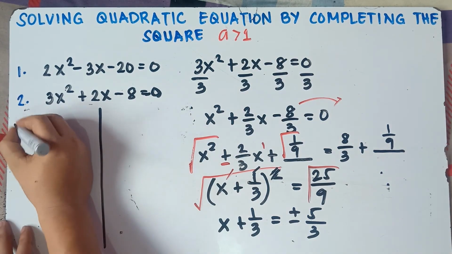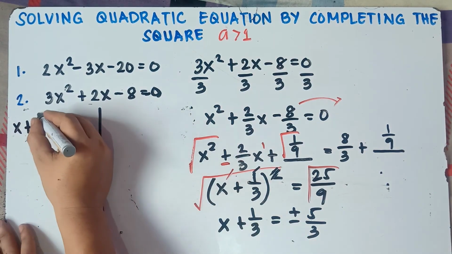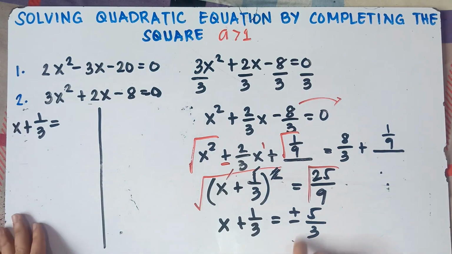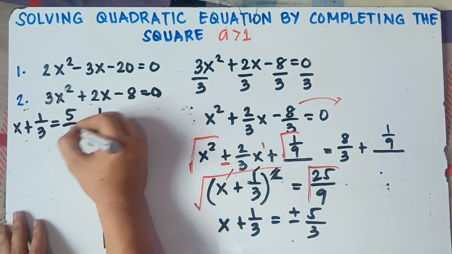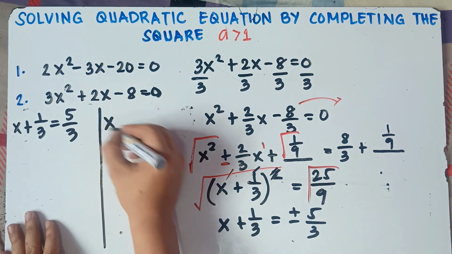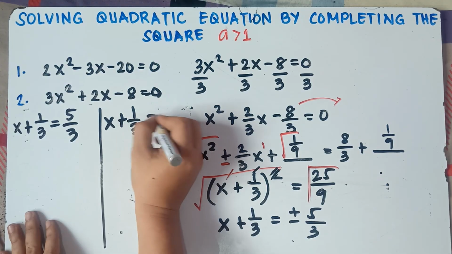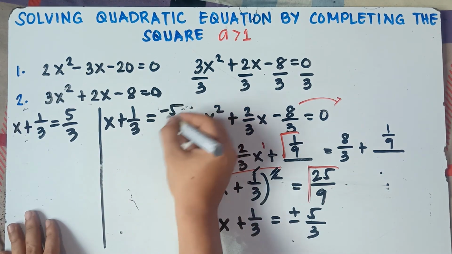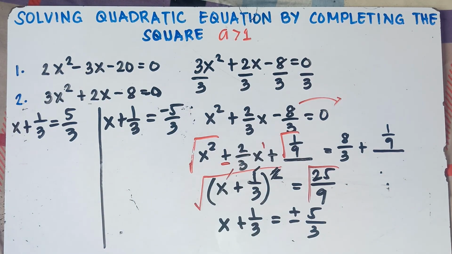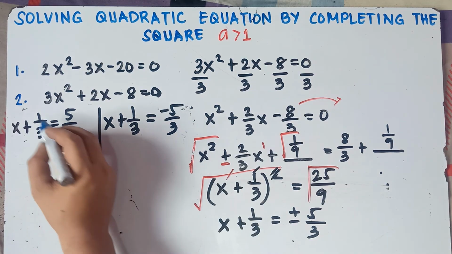So this will be x plus 1/3 equals positive 5/3. And the other one, x plus 1/3 equals negative 5/3. Alright, and then we transpose this one, class, left to right.